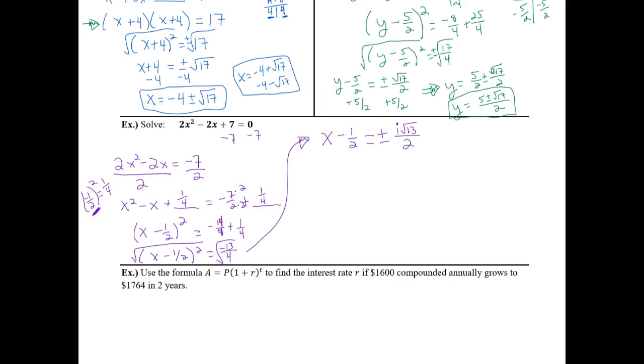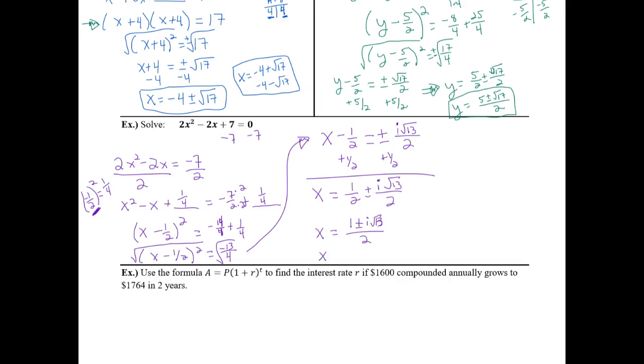Alright, still haven't quite isolated x. We need to add 1/2 to both sides. And x will equal 1/2 plus or minus i square root 13 divided by 2. They have the same denominator, so we can bring them together as 1 plus or minus i square root 13 all over 2.